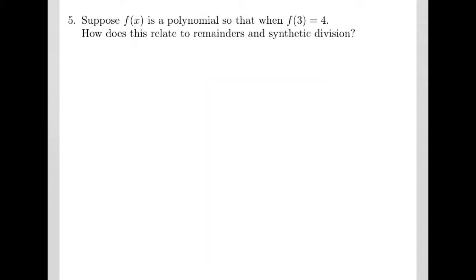Question 5 is a conceptual question related to our previous example. If I have a polynomial, and I know that f of 3 equals 4, if I were to do synthetic division, the value 4 would be the remainder.